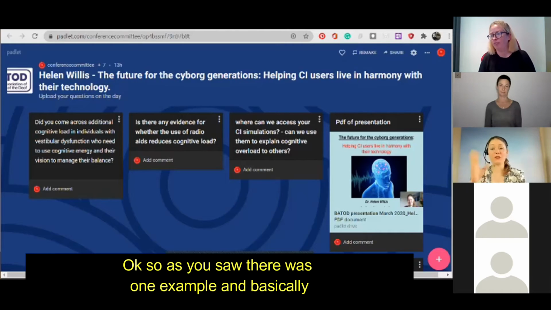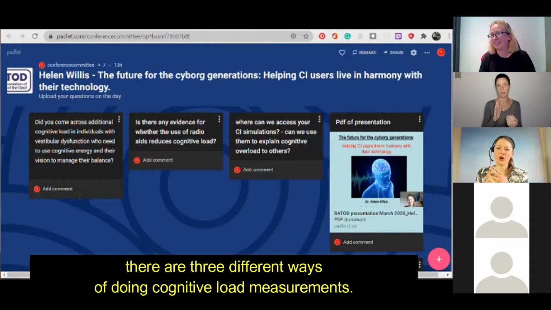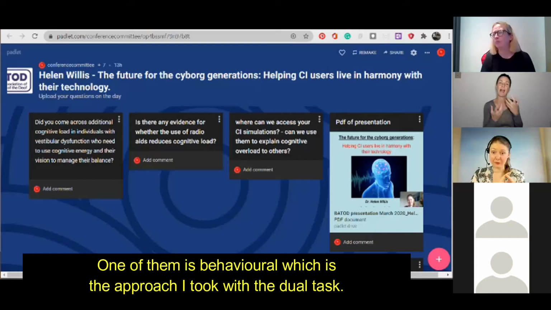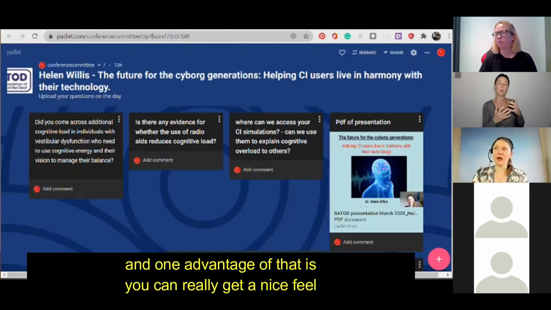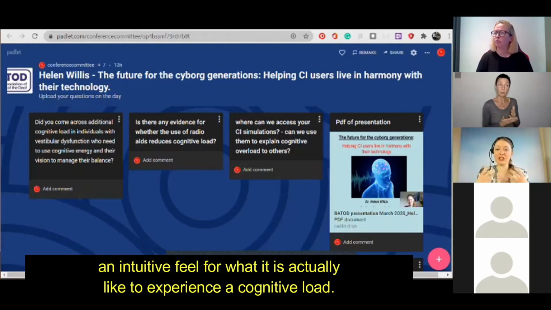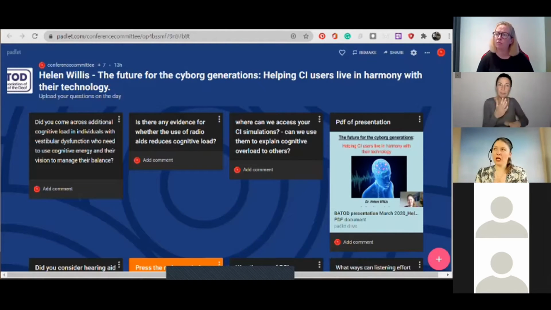Okay, so as you saw, there was one example, and basically there are three different ways of doing cognitive load measurements. One is behavioural, which is the approach that I took with the dual task. The other approach is to do it qualitatively, via subjective ratings. One advantage of that is you can really get an intuitive feel of what it's actually like to experience a cognitive load.